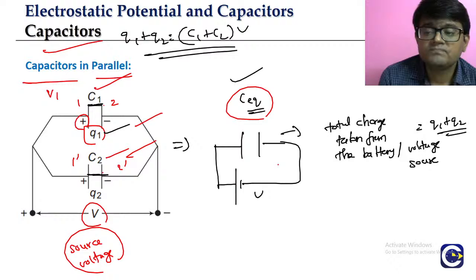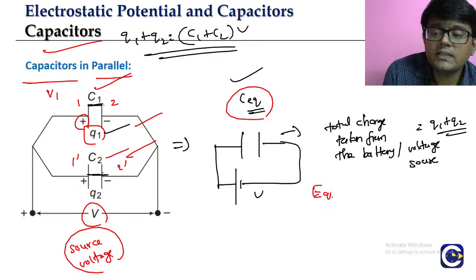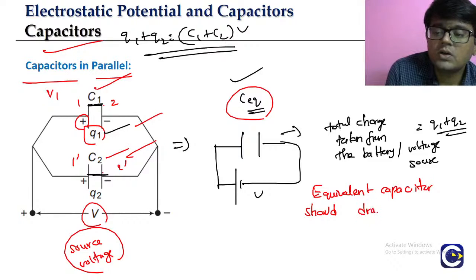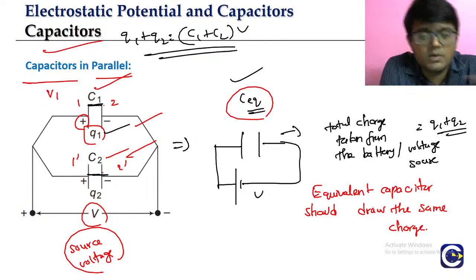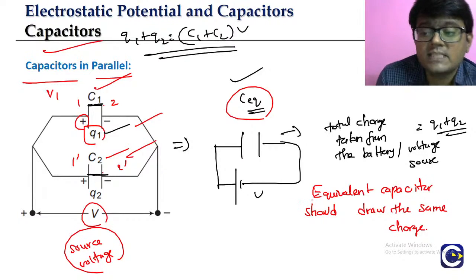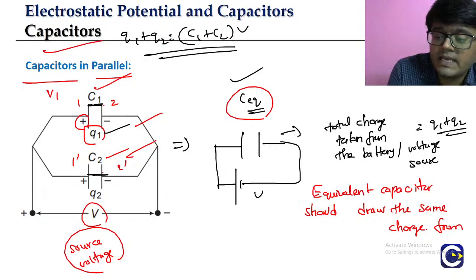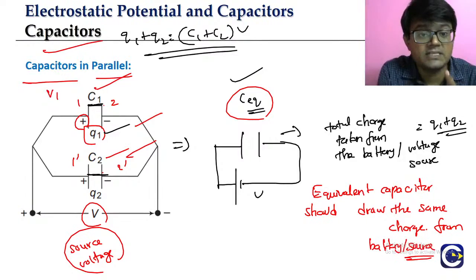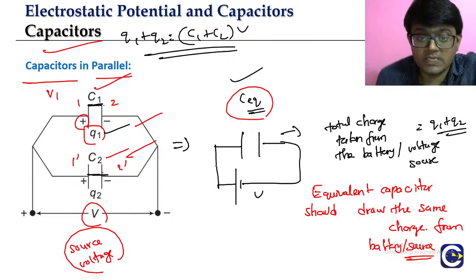Which means the equivalent capacitor should draw the same charge. Draw means drawing from the battery. The equivalent capacitor should draw the same charge from where? From the battery or the source. It should draw the same charge from the source. What is the same charge? That Q1 plus Q2.